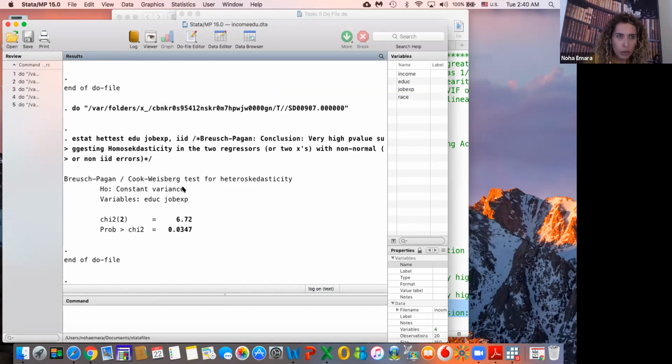In other words, we are actually in the rejection region. We are rejecting the null. So you basically say you have heteroskedasticity, right?